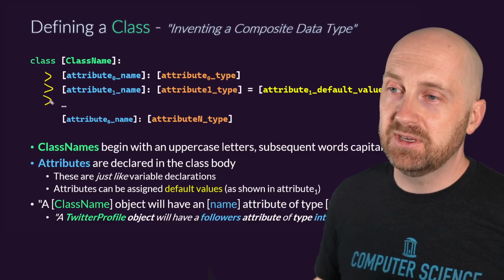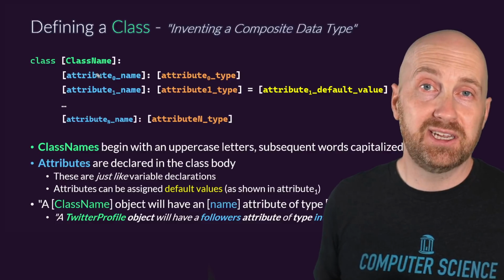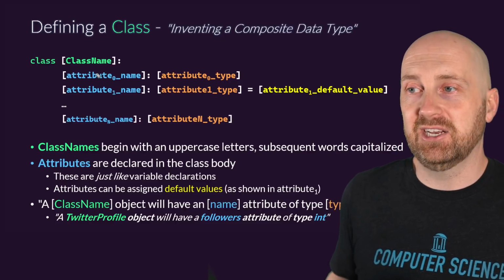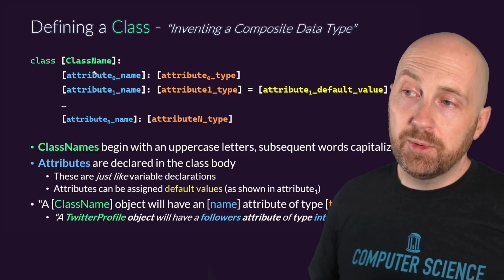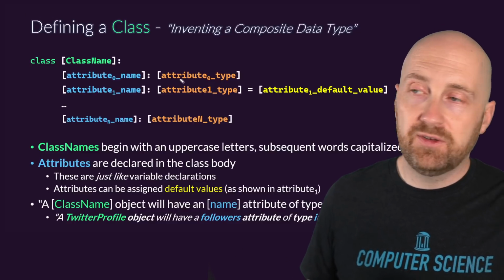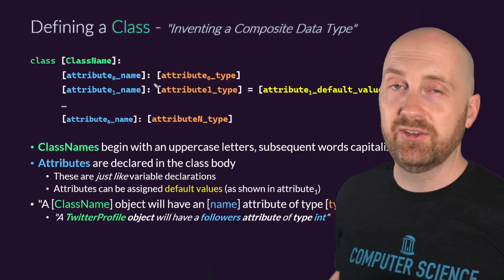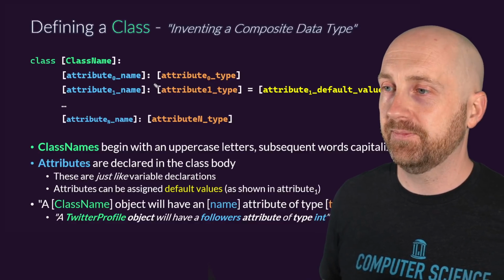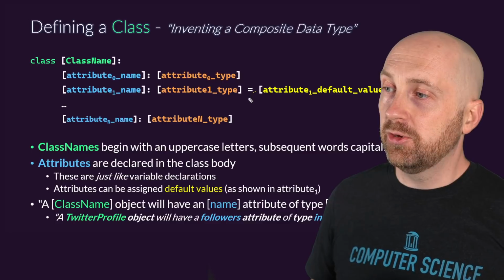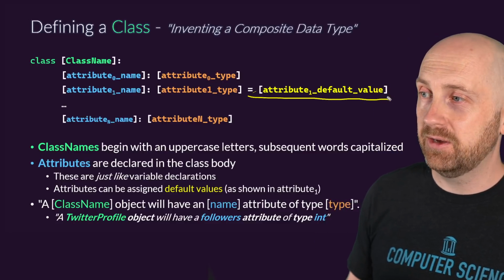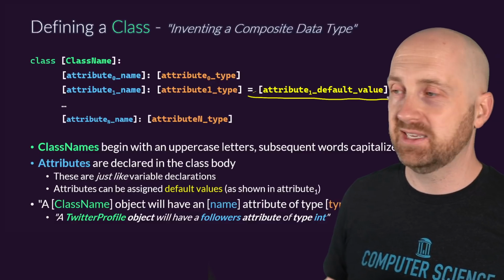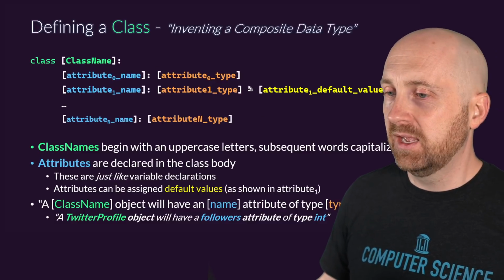Each attribute is defined in a way that feels very much like a variable because we think of these attributes as grouped variables that are declared inside of a class, where we give a name, which is an identifier that you get to decide, and the type that is associated with that attribute for the class. You'll notice that in the second example here, we are able to provide some default values for our attributes, and we'll look at an example of this in just a moment.